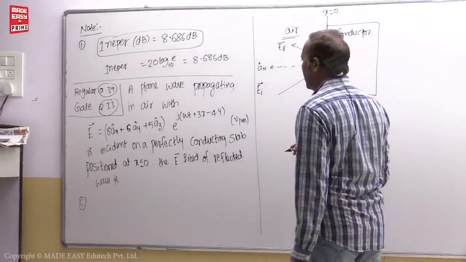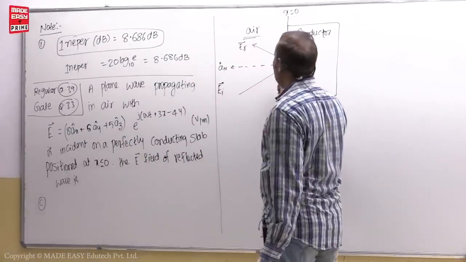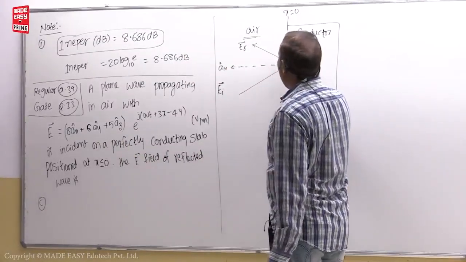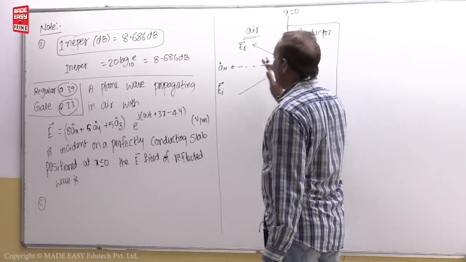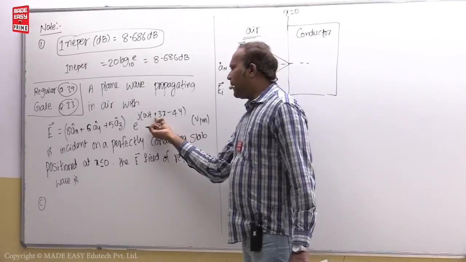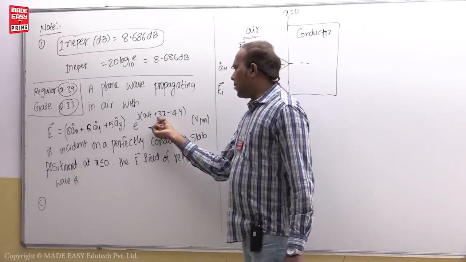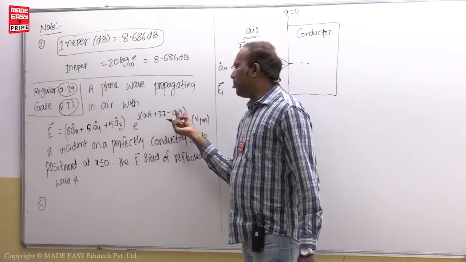Now you should understand here, you see this one. If the EM wave hits the x equal to 0 boundary, then here it is traveling in minus x direction and plus y direction. That means the wave is in the xy plane.